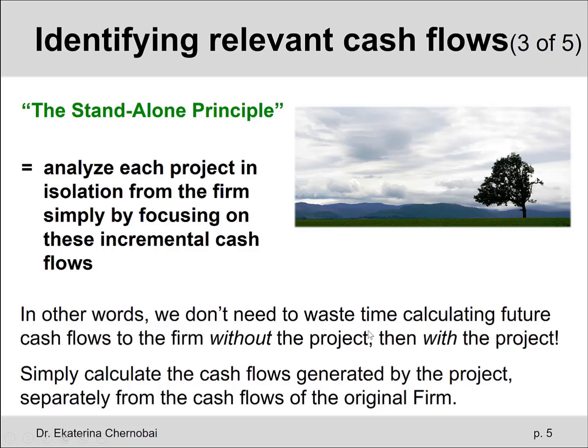So rather than calculating the net present value from all future cash flows coming from all 11 restaurants and comparing that to the net present value coming from revenues from the current 10 restaurants, we should instead look at the 11th restaurant only, isolated from everything else, unless of course it has some impact on our existing restaurants.